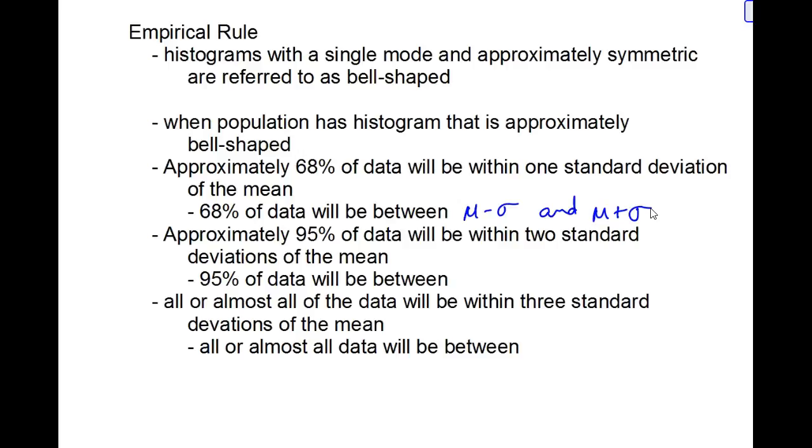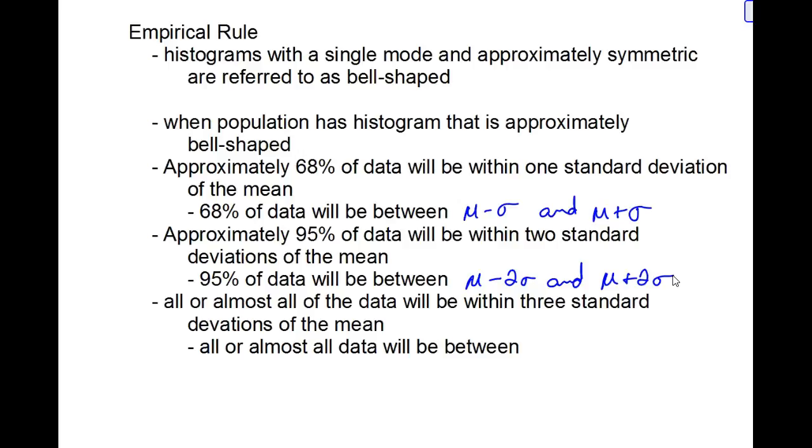At the same time, approximately 95% of your data will fall within two standard deviations. So 95% will fall between the mean minus 2 times the standard deviation and the mean plus 2 times the standard deviation.